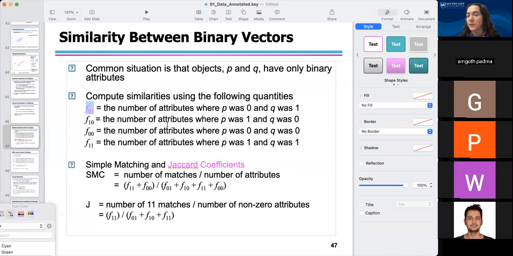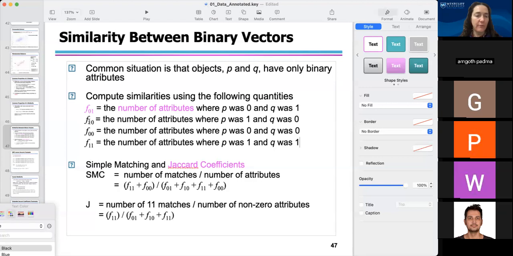I was just giving an example with one attribute, but if we do this for all of the attributes, we can simply count the number of attributes where we have this combination 0, 1. So the number of attributes where P is 0 and Q is 1. And the logic is the same for the remaining combinations.